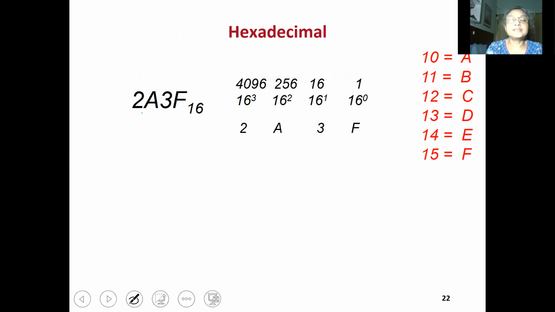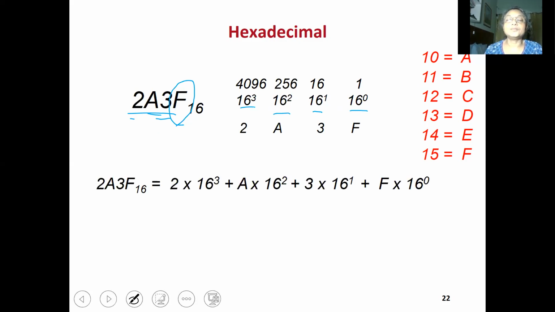So if we have this hexadecimal number 2A3F, this F, the LSB, has a place value of 16 to the power 0. This 3 has a place value of 16 to the power 1. A has a place value of 16 square and 2 has a place value of 16 cube. If you want to convert 2A3F to base 16 into decimal, it is 2 into 16 cube plus A into 16 square plus 3 into 16 to the power 1 and F into 16 to the power 0.